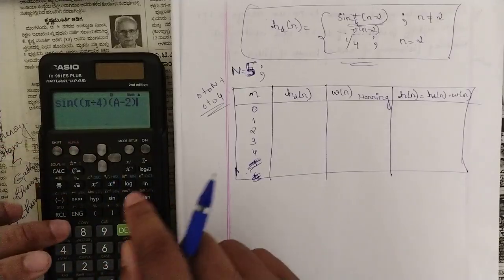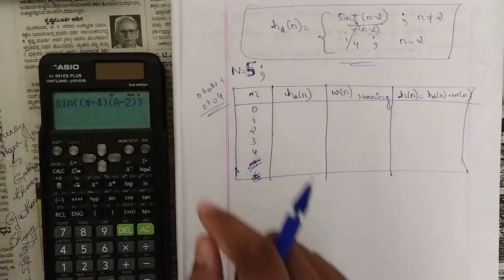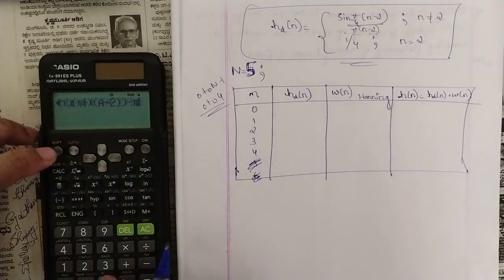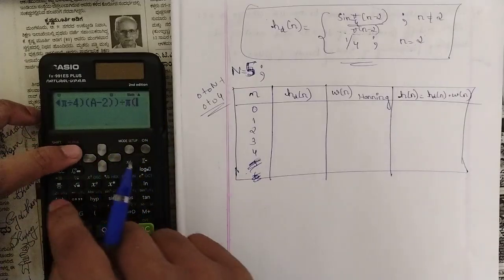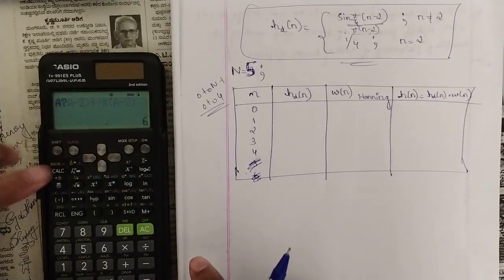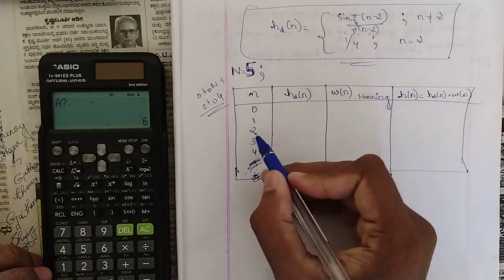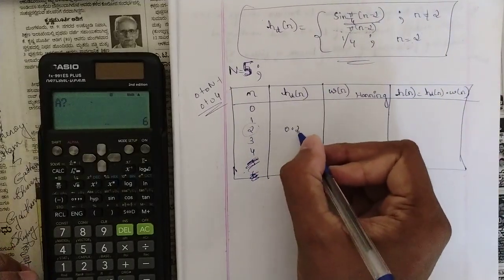In place of n, substitute as a. These two are multiplied. Now close the outer bracket, divided by pi into (a minus 2). Okay, press the calc button. First put the value of n equal to 2 here, that is 1 by 4, 0.25.